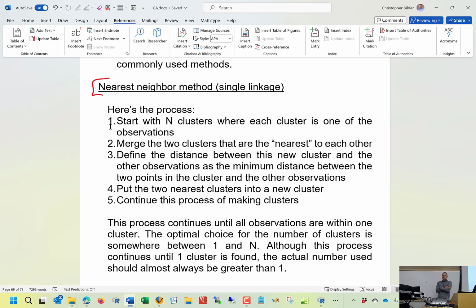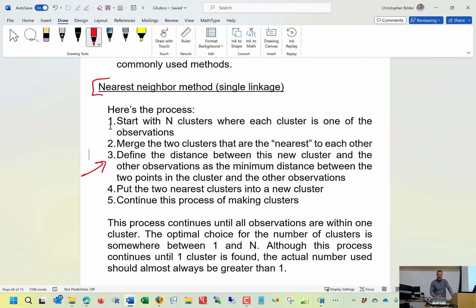Then I have 2 observations that are in a cluster. Then I'm going to need to make a decision about what's going to be merged next. And the key is, how do I measure the distance between this cluster that has 2 observations and the other observations? How do I do that?